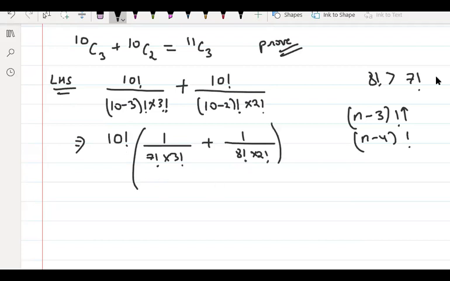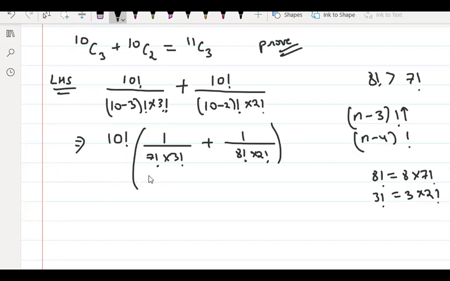Can I write 8 factorial in terms of 7 factorial? 8 factorial can be written as 8 into 7 factorial. In the same way, 3 factorial can be written as 3 into 2 factorial. Always write bigger factorial in terms of smaller factorial.